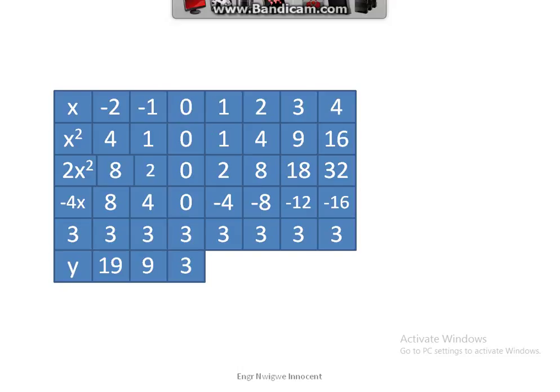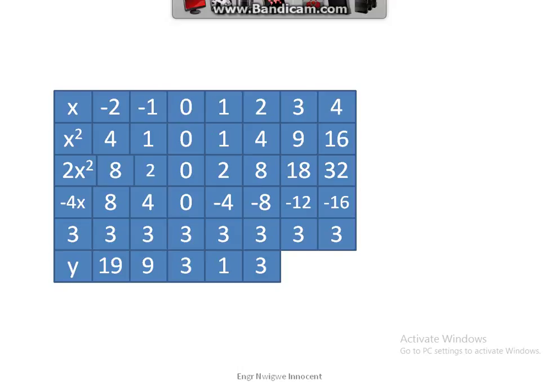If we do our mathematics, 2 minus 4 plus 3 gives us 1. Then for x equals 2, our 2x squared is 8 and minus 4x is minus 8. Our 3 is still constant. 8 minus 8 plus 3 gives us 3.